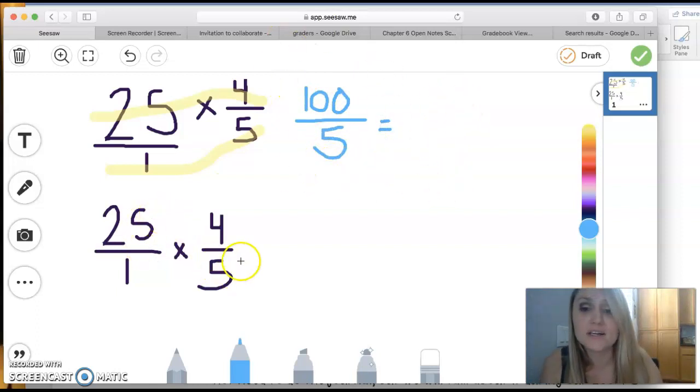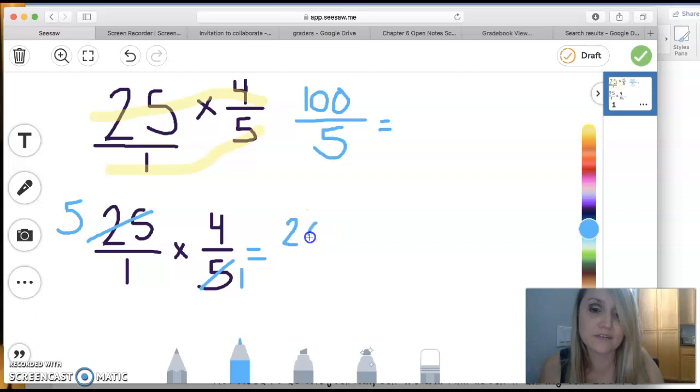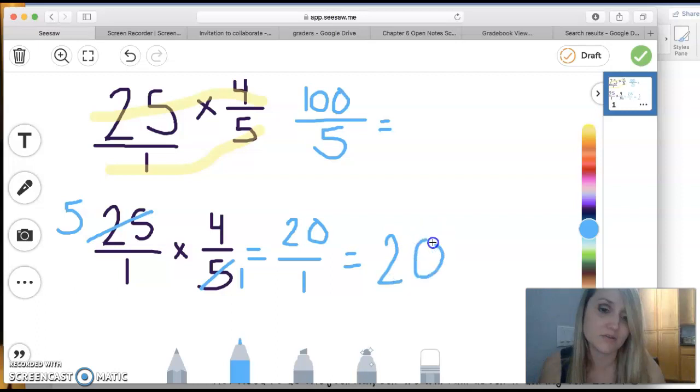So here, I'm going to just do my trick. So 4 and 1 don't have anything in common, but 5 and 5 each have 5 in common. So 5 divided by 5 is 1, 25 divided by 5 is 5, okay? And here we'd have 20 over 1, so our answer would be 20 as a whole number.